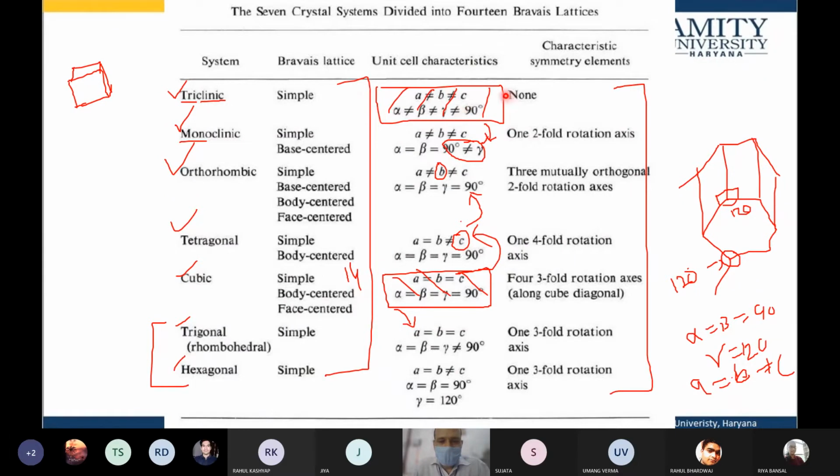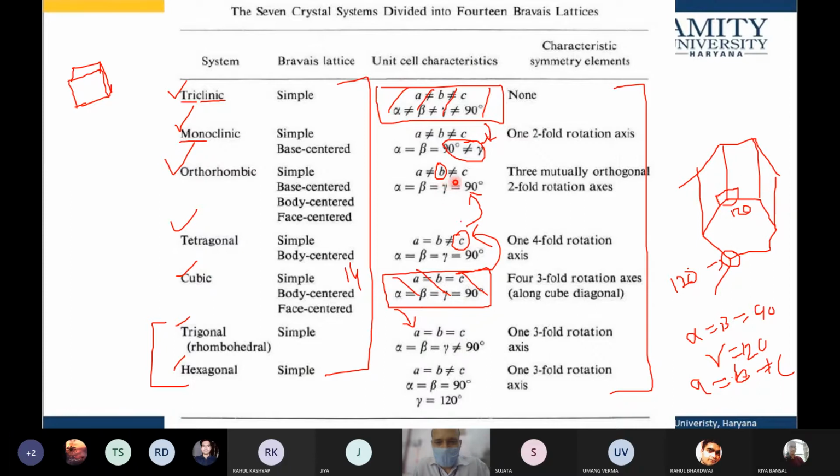So this is triclinic. And from the triclinic, if one of the angles is changed, what you have is monoclinic. Mono means only one of the angles is non-equal, and the other two are equal to 90 degrees. So that way you can reach monoclinic.